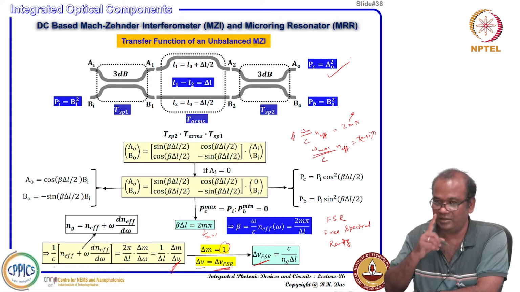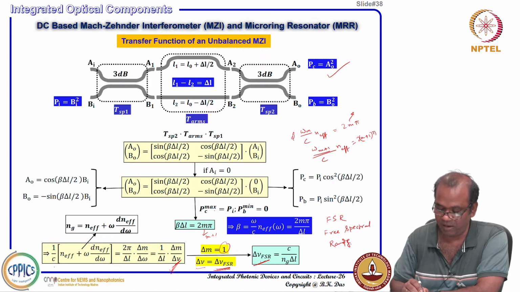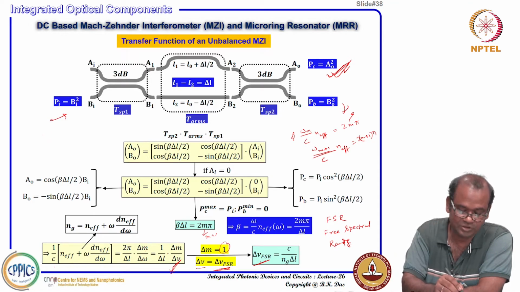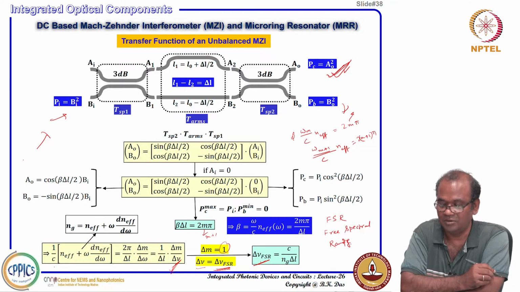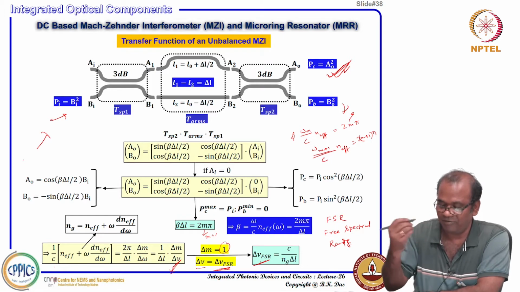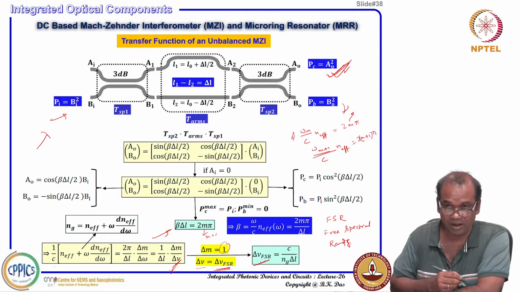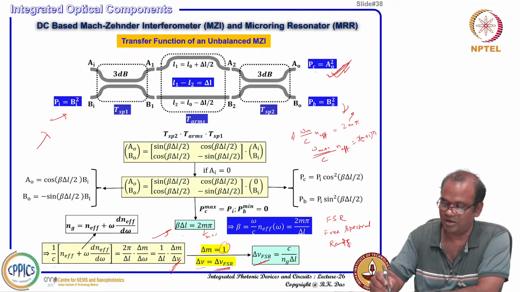If I keep changing the frequency depending on the m value, at certain frequencies you get maximum here, and at the same time PB will be minimum here. So, if you launch here and tune your lambda value, a particular lambda or omega that satisfies this equation will give maximum power here and nothing here.